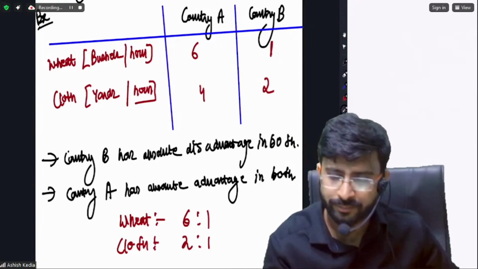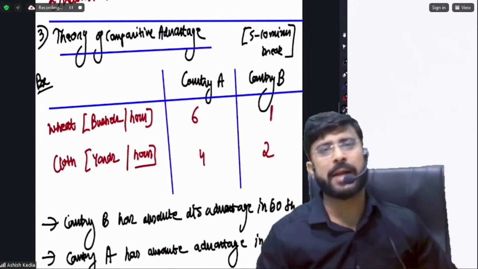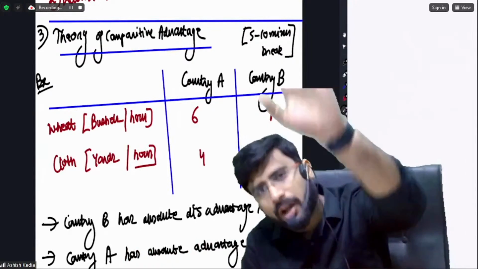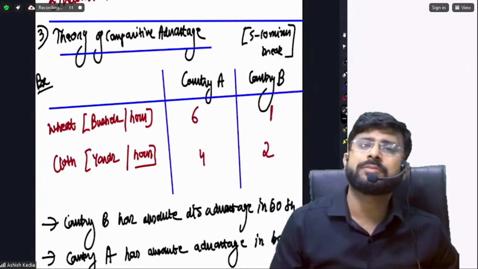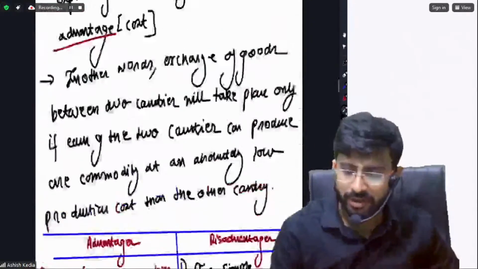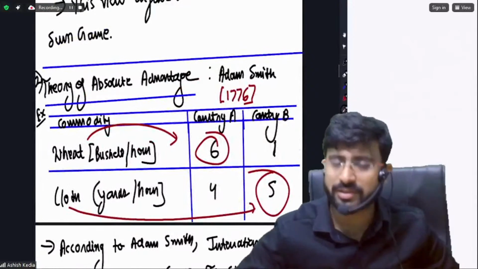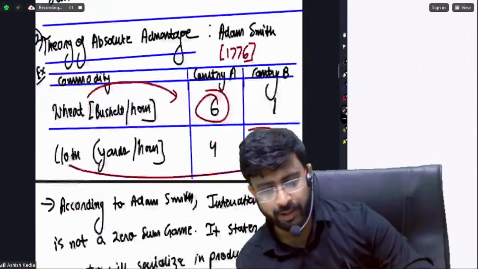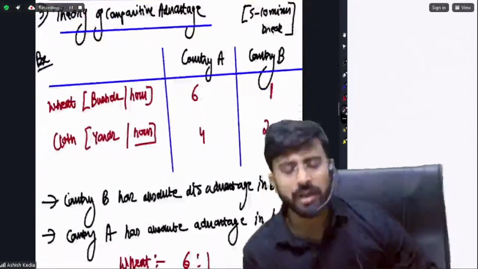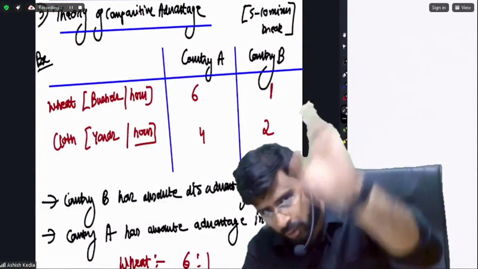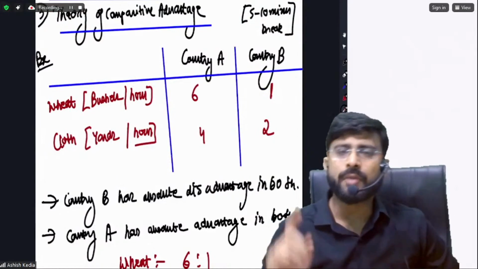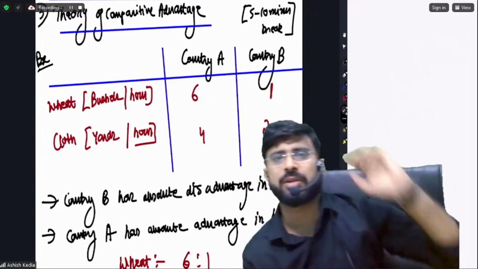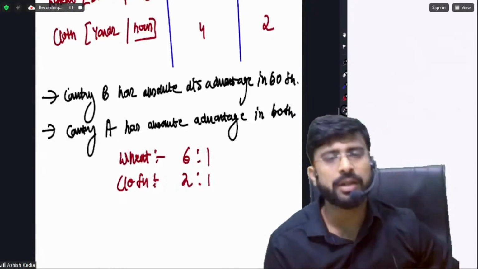When does this theory apply? ये theory apply कब होता है? जब एक कंट्री के पास ही हर गुड्स में एडवांटेज हो. इसको समझिए. एब्सोल्यूट एडवांटेज तब लगता है जब किसी एक गुड में किसी कंट्री का एडवांटेज है, दूसरे गुड में किसी कंट्री का एडवांटेज है. कंपैरेटिव एडवांटेज बोलता है भाई एक ही कंट्री का दोनों गुड्स में एडवांटेज है, जबकि एक कंट्री का दोनों गुड्स में डिसएडवांटेज है. तब ये लॉजिक लगता है.